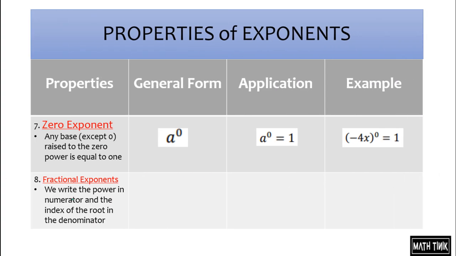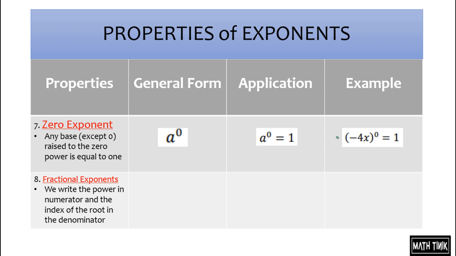Number 7, zero exponent. Any base except 0 raised to the 0 power is equal to 1. So this is the general form. It means any number raised to 0 is equal to 1. Kahit na malaki, gaano man kalaki, 1 million man to, basta if you will raise that to 0, the answer is always equal to 1.